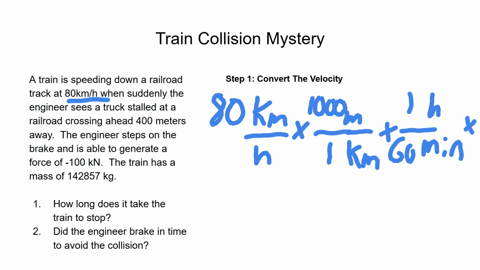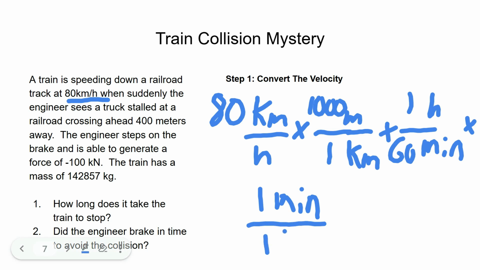So I'm going to multiply by the conversion factor once again. And so that is going to be 1 minute. And so that cancels out. And that's 60 seconds. So once again, it's just the ratio.